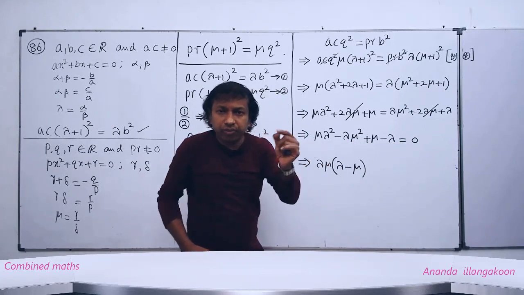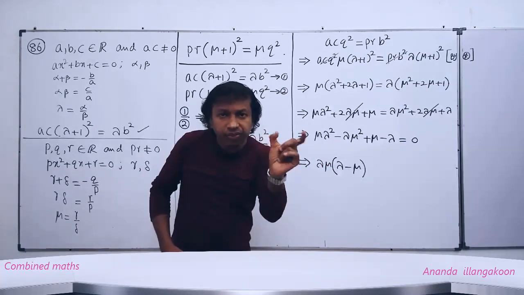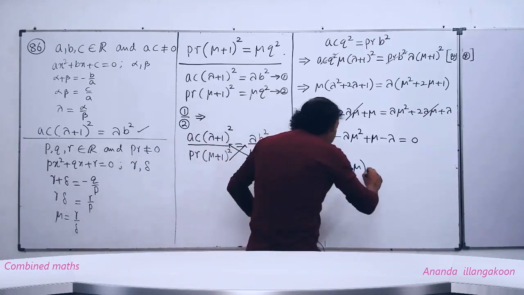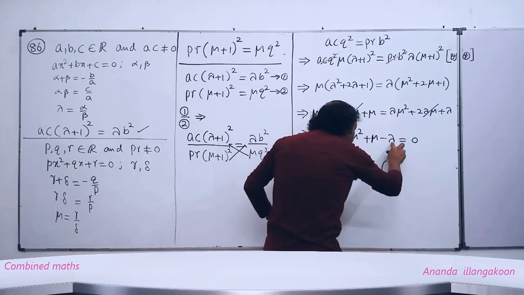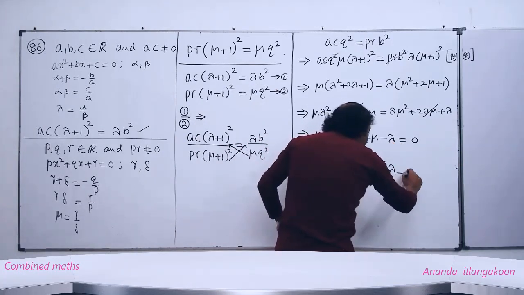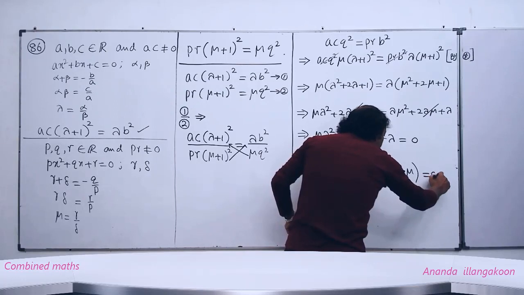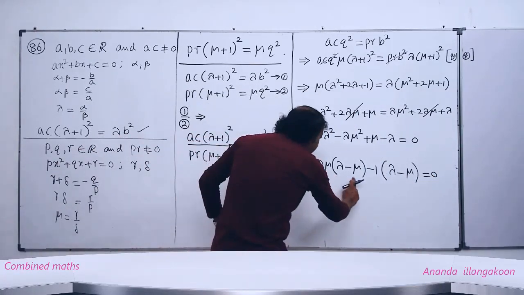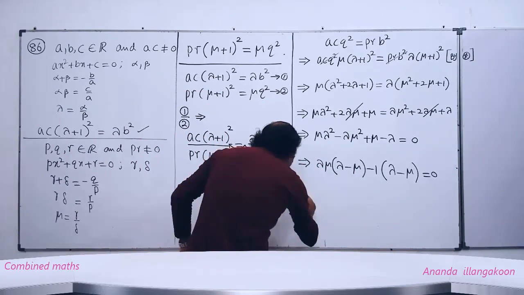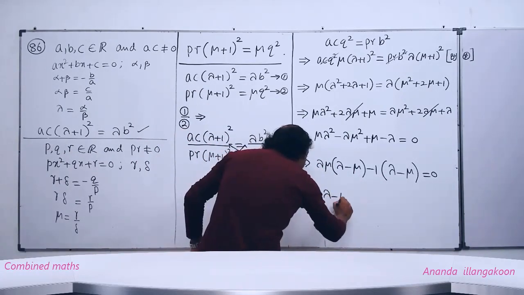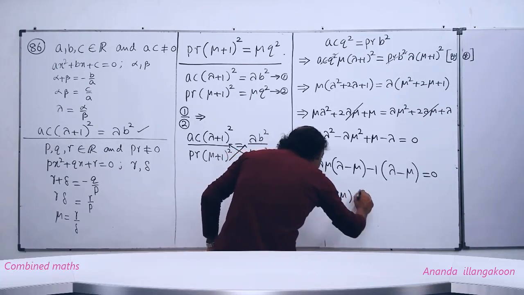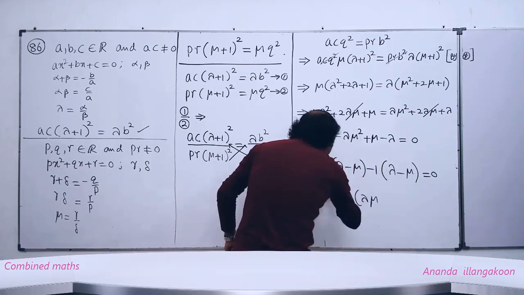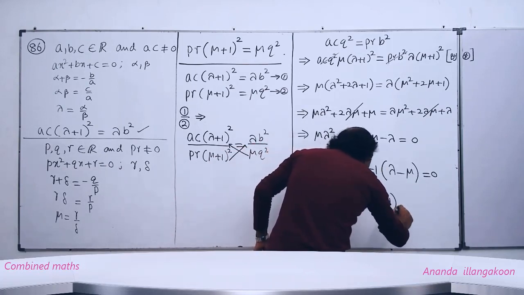When we take minus 1 out, inside the bracket the terms get opposite signs. Then minus lambda will be plus lambda, plus mu will be minus mu, equal to 0. Now here we have lambda minus mu, and here we have lambda minus mu. Take that lambda minus mu out because it is common. Here we get lambda mu, and here minus 1, equals 0.